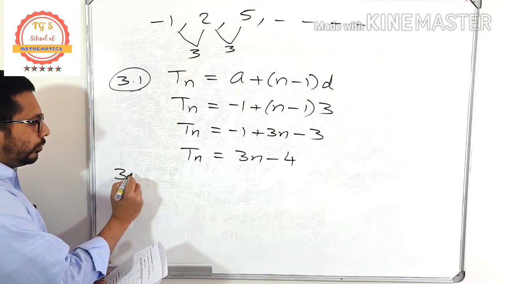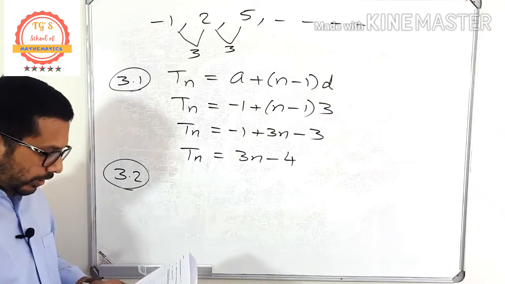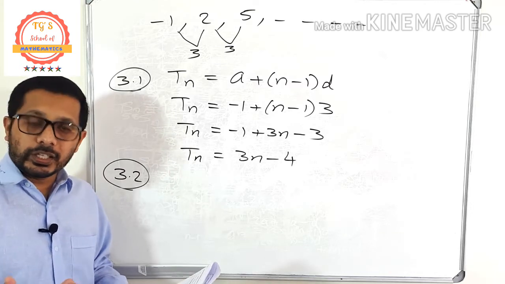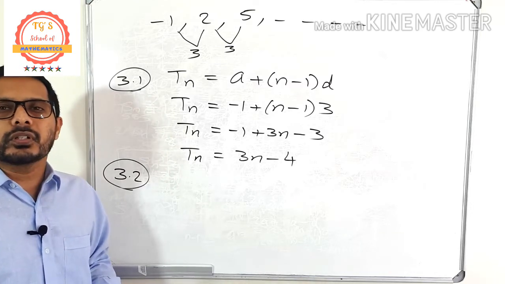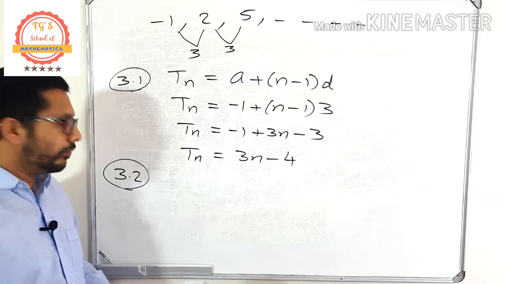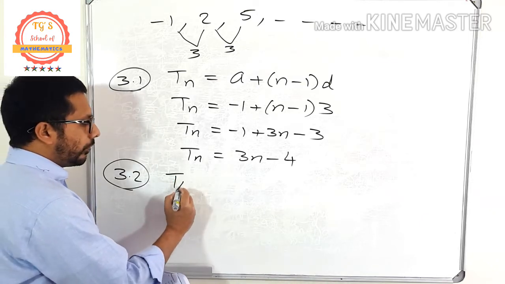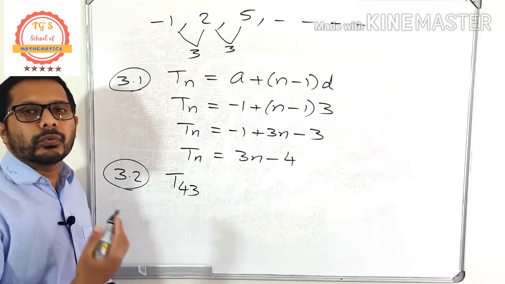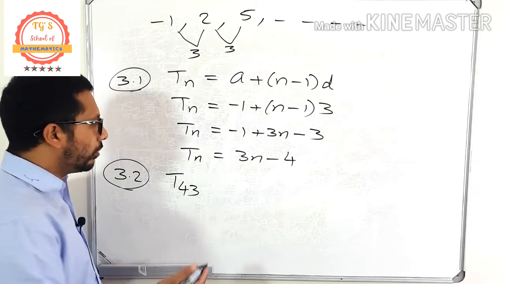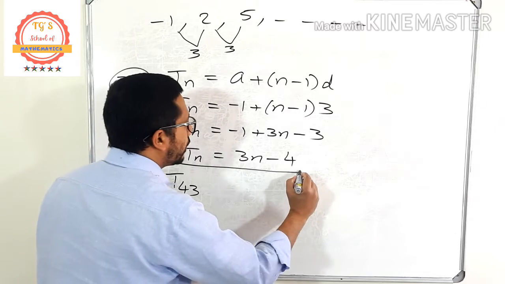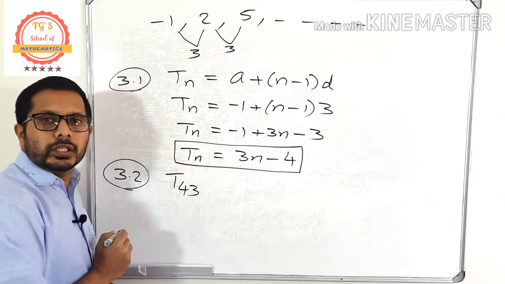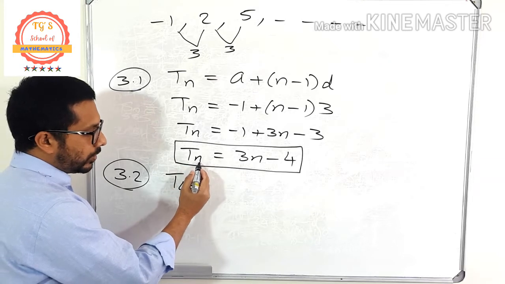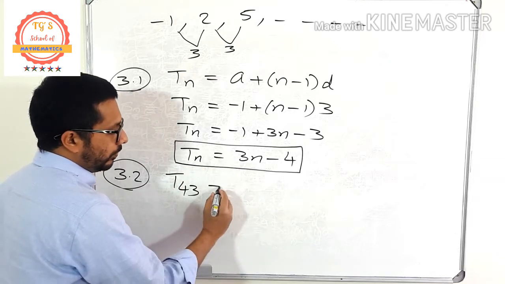Question number 3.2. What is that question? Calculate T43. I don't think this is a grade 12 standard question, because it's a straightforward question. You have to find T43, that means you have to find the 43rd term. You already know what Tn is. So how can you find the 43rd term? You have to substitute the value of n as 43.